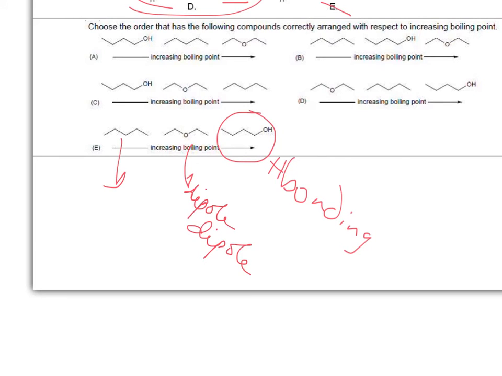And the alkane is going to have only the van der Waals London forces. And since these are the weakest, you can perhaps see that this is going to have the least boiling point, followed by the dipole-dipole interaction, followed by the hydrogen bonding, and hence the boiling point also will be in that order.